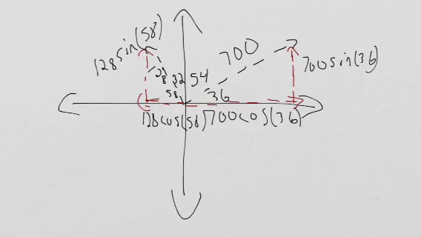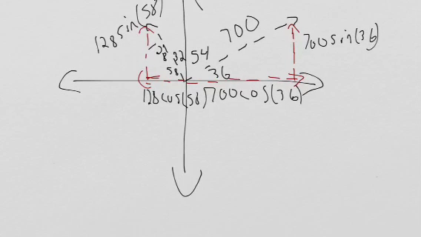So when they collide, their vertical components and their horizontal components are going to combine. And since their vertical components are pointing in the same direction, they both want to go north, we're just going to add those. So we get 700 sine 36 plus 128 sine 58.